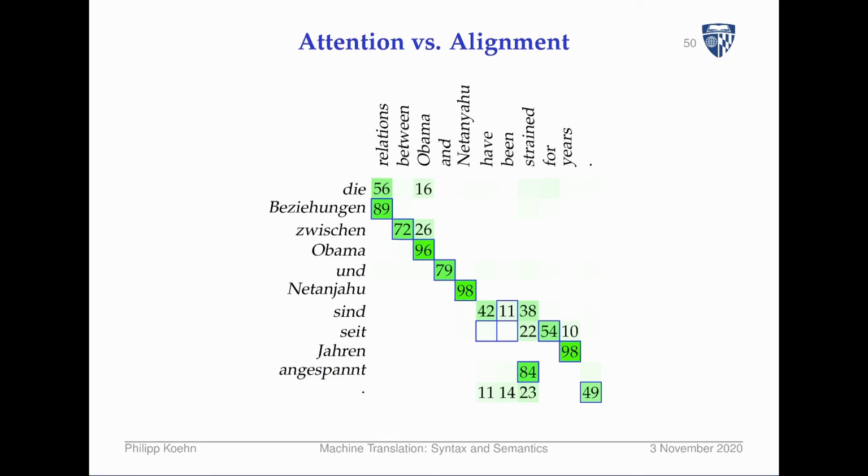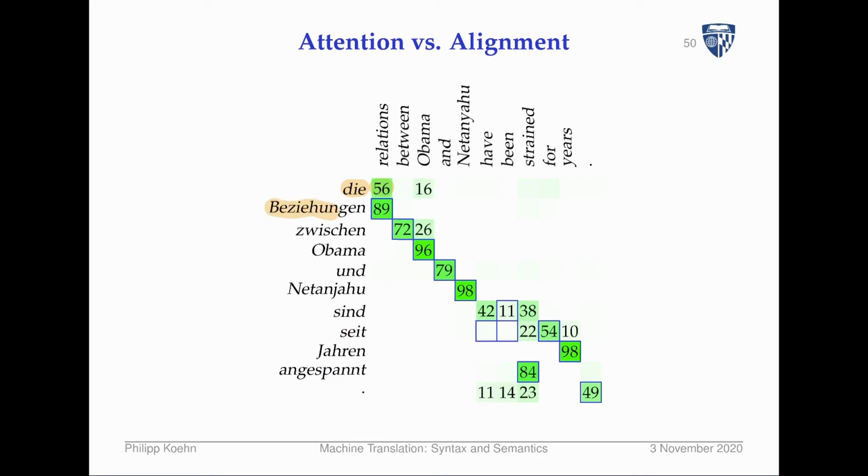So here's actually what we get out of attention models. This is a recurrent neural network where you see attention being paid while producing the German words. The German sentence starts with a determiner, which doesn't have any equivalent in the English. It's somewhat connected to relations, at least that's the same noun phrase.